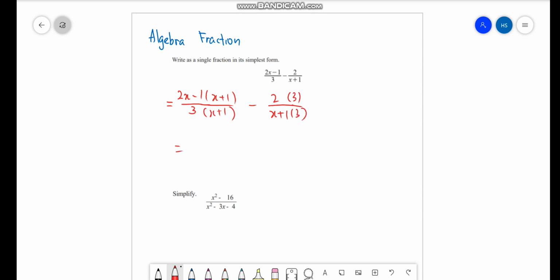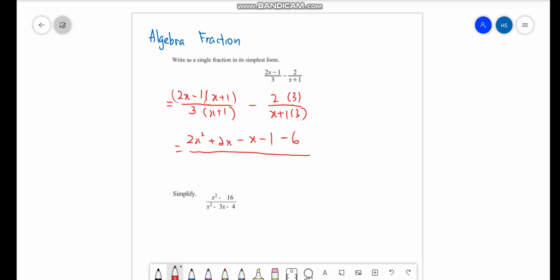After that we'll expand the top part, so we should get 2x squared plus 2x minus x minus 1, and then the second part, 2 times 3, which is 6, over the denominator. The denominator is not necessary to expand.